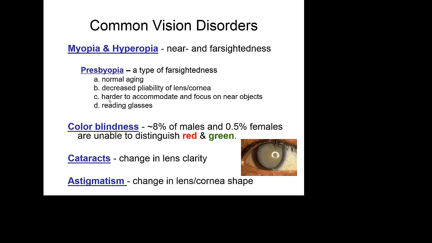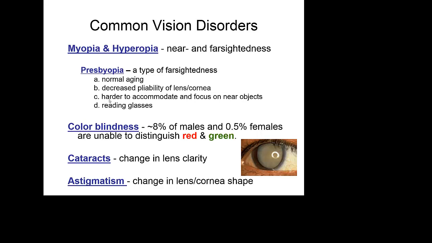There are, of course, many vision disorders. We talked about astigmatism and presbyopia and hyperopia. Look at near and farsightedness. I was showing you how we focus on our retina and your ability to focus on that. Presbyopia is in particular farsightedness, and this is typical with aging. It means that your lens or your cornea are not focusing things quite as well as they used to.